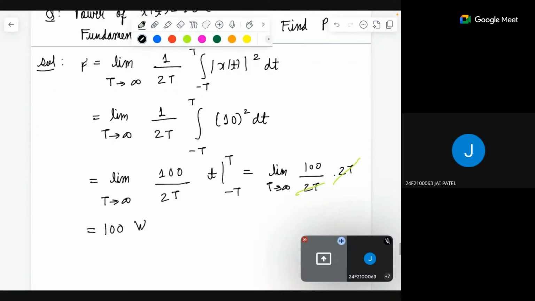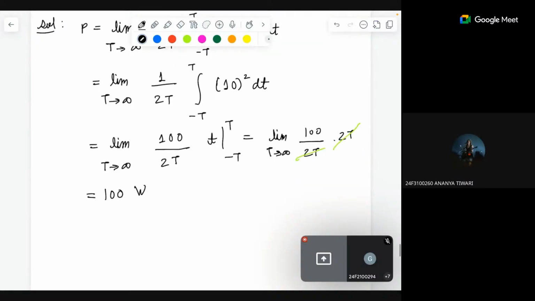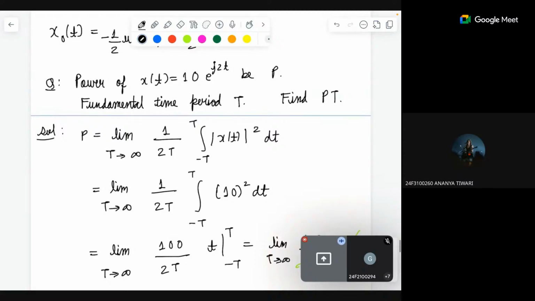So power is 100. I took the magnitude 10, I squared it, then I integrated, I get T, and 100 comes out. Everyone is clear with this power calculation? Yeah, it is a complex signal. When we have a complex signal, we take the magnitude. For real signals the magnitude is the same, but for complex it is not.